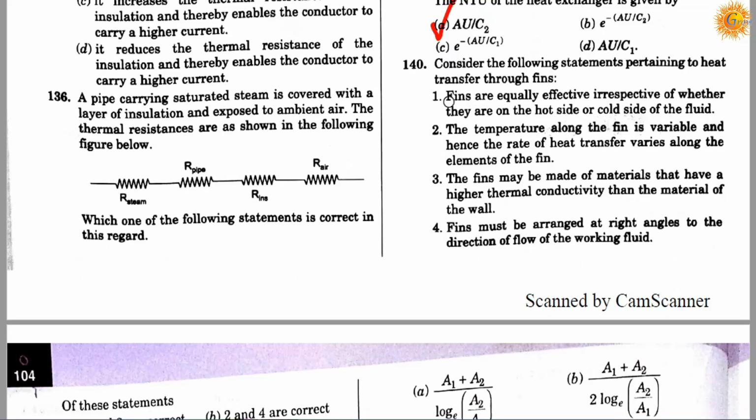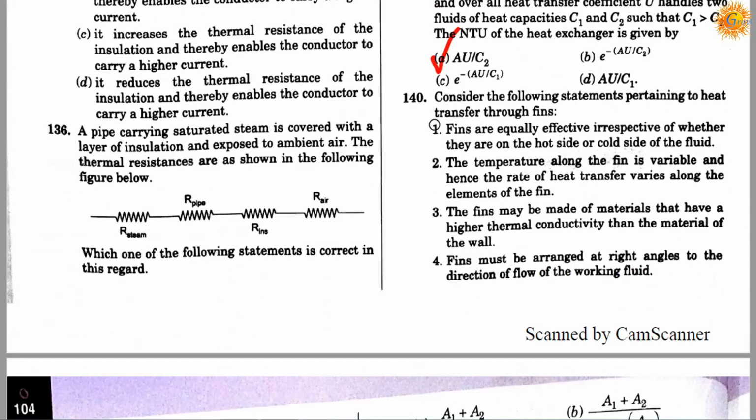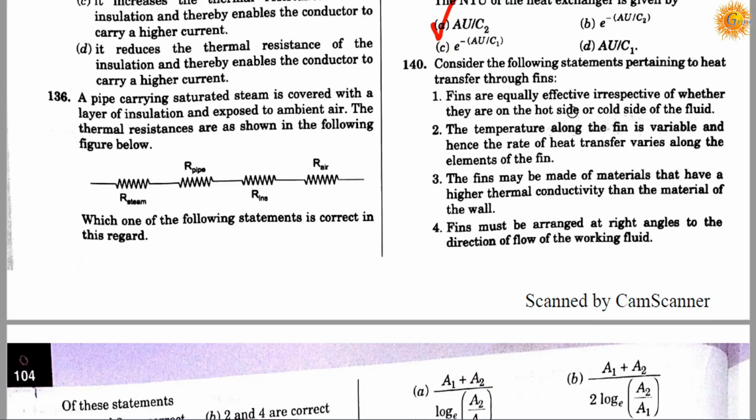Question number 140. Consider the following statements as pertaining to heat transfer through fins. There are no options, these all are statements. First statement: fins are equally effective irrespective of whether they are on the hot side or cold side of the fluid. Statement 2: the temperature along the fin is a variable and hence the rate of heat transfer varies along the elements of the fin.